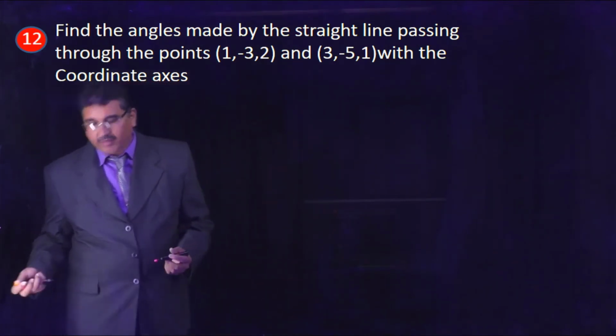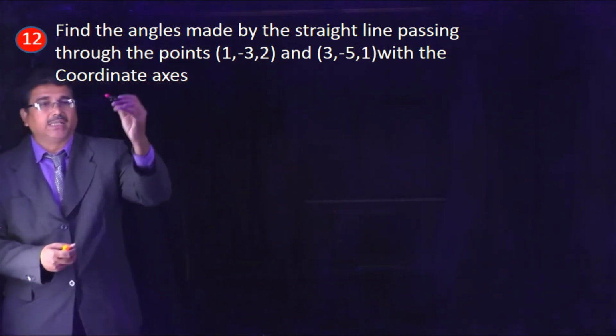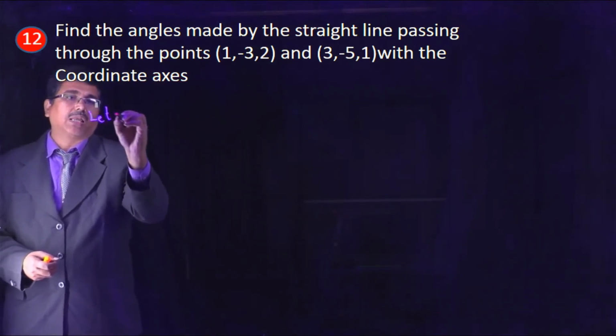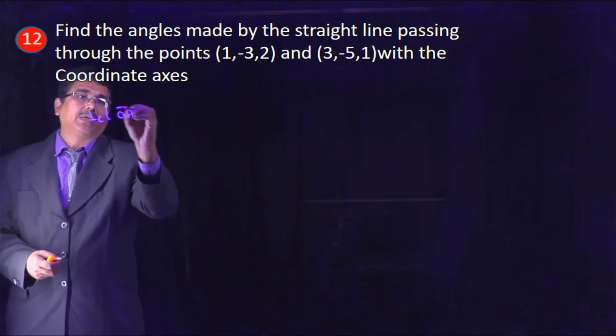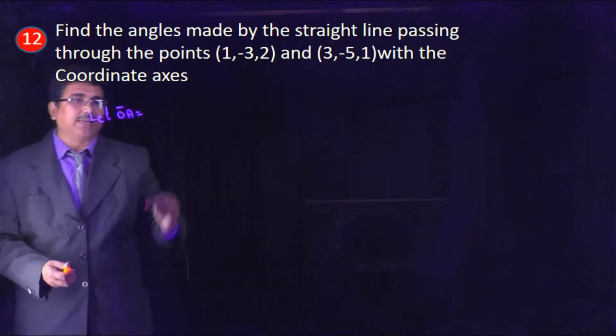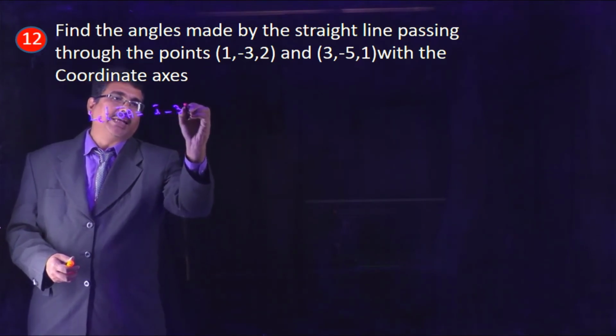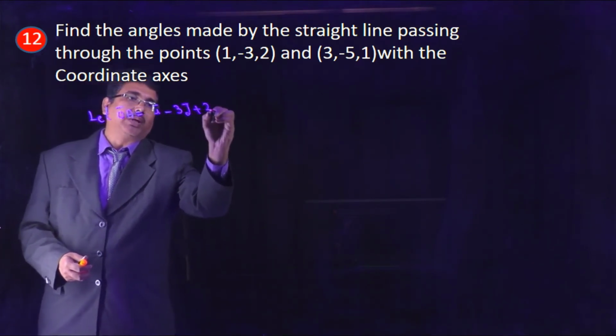Given 2 points, let OA bar be equal to i bar minus 3j bar plus 2k bar.